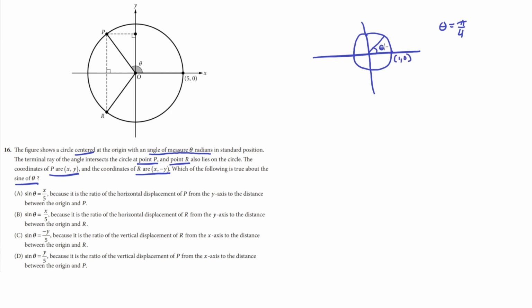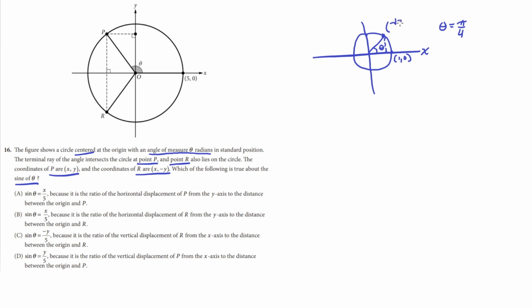Then the sine of this angle is just equal to the vertical displacement from the x-axis at the point that a ray from the center at an angle of pi by 4 to the x-axis touches the circle.